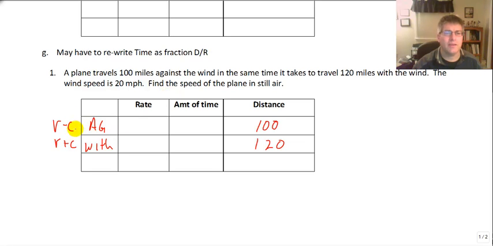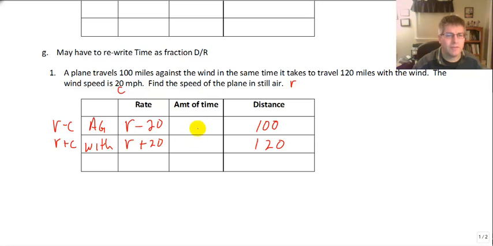Well, they're giving us C. Find the speed of the plane in still air. So they're asking us to find little r. We have C. So we have R minus 20 and R plus 20. And the times are the same.